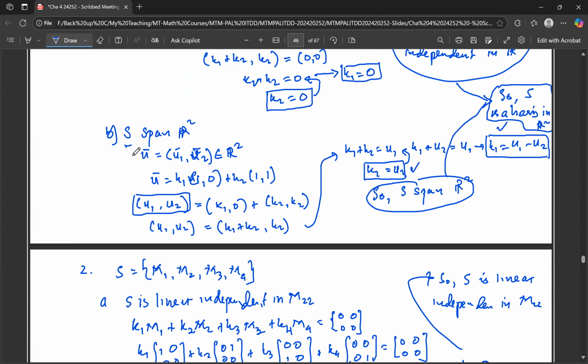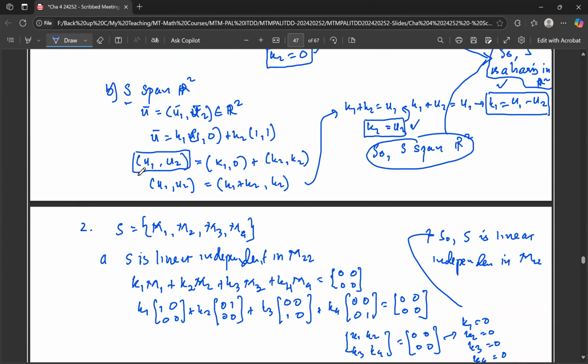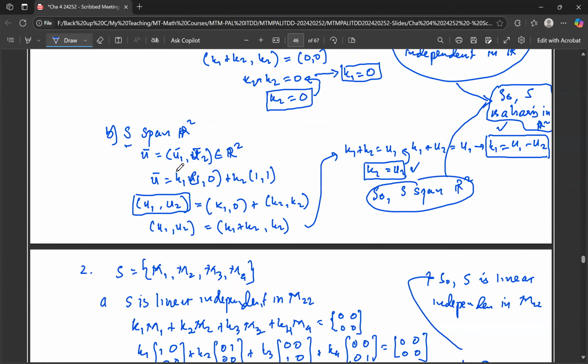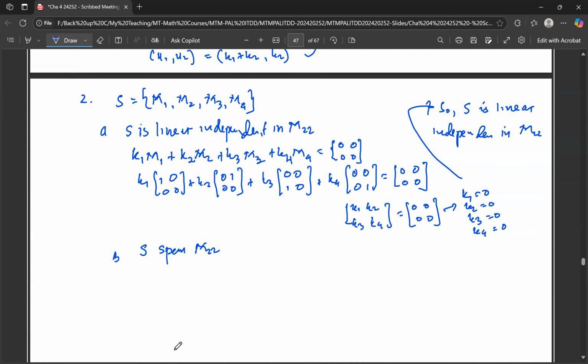The proof is similar to the previous problem. You can copy it from the first problem to the second, and modify it according to the vectors and the linear combination.